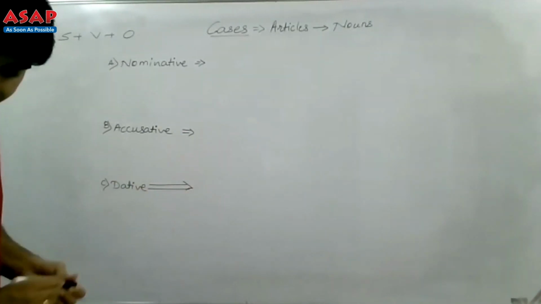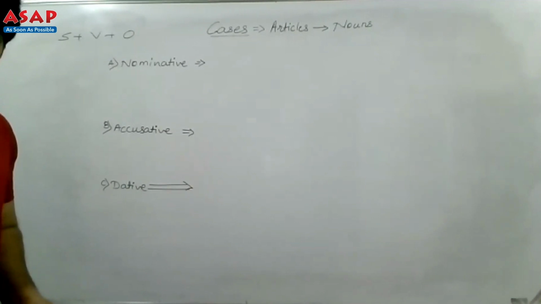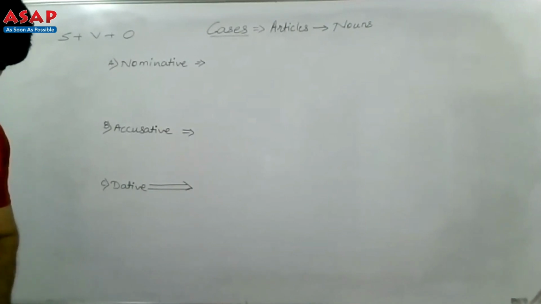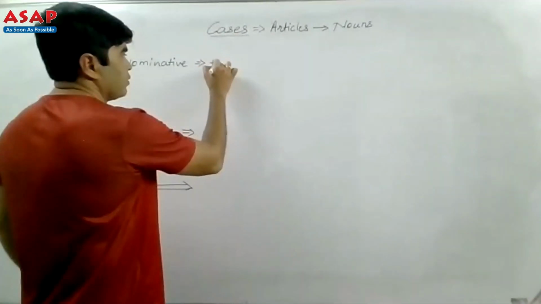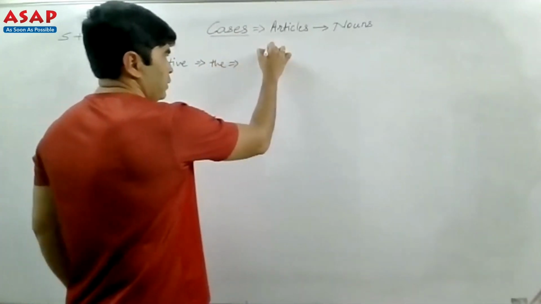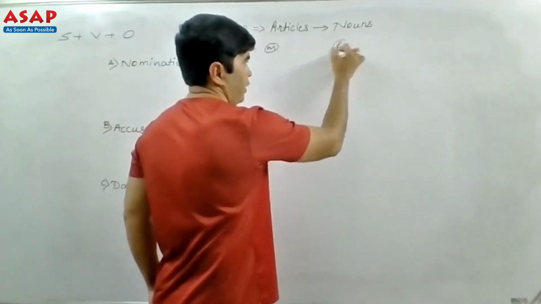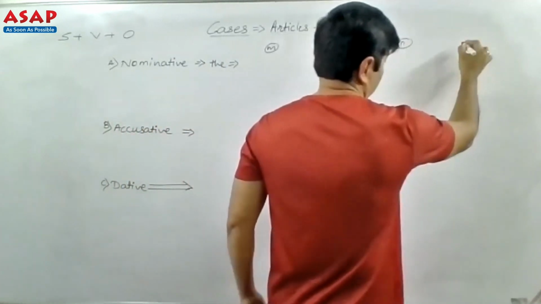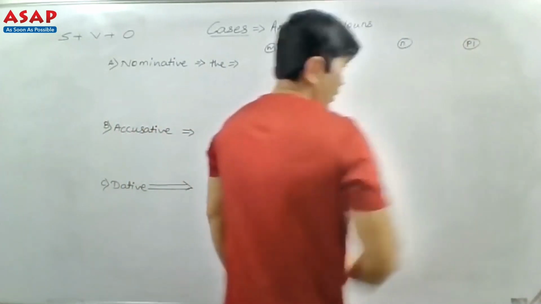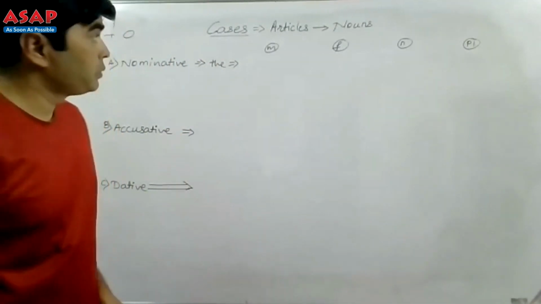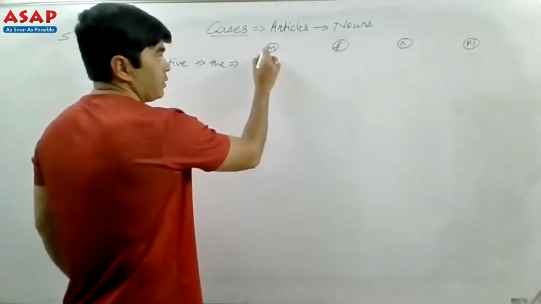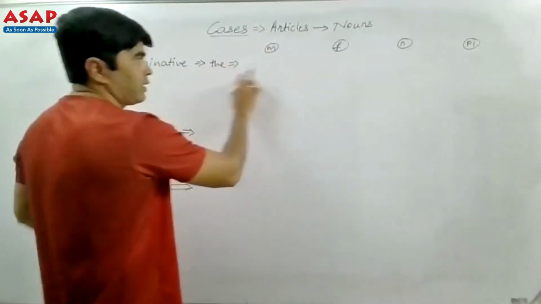So now these three cases are there. For reference, what articles will we consider? You already know the articles. So in case you want to say the: masculine, feminine, neuter, and plural.